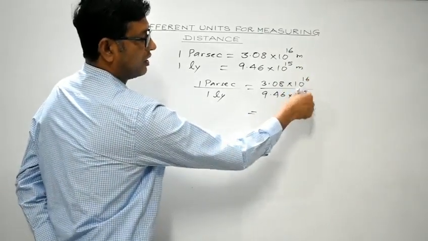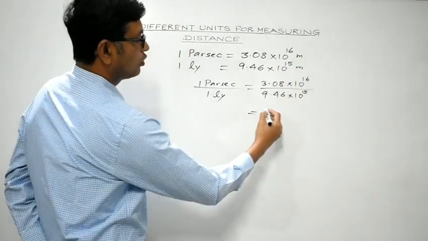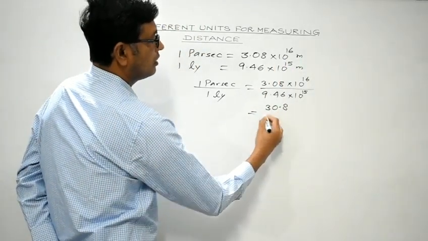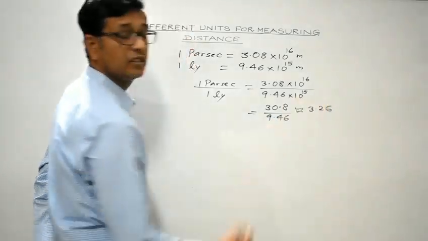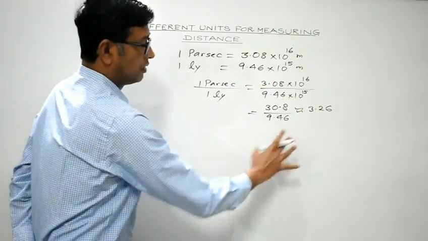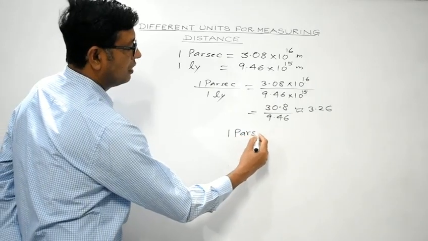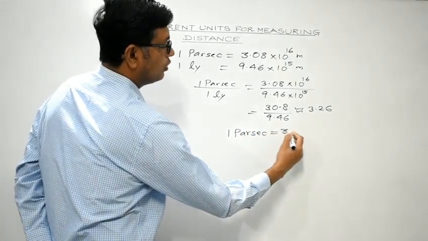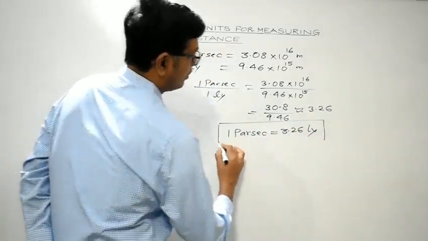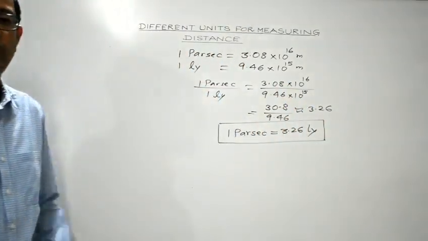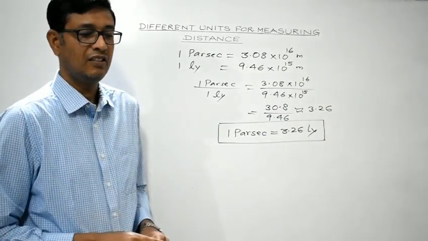So 10 raised to power 16, when it goes towards the numerator, it will become 10 raised to minus 15. So we will be left with 30.8 divided by 9.46. So that is about 3.26. So we have come across a very important result: 1 parsec, 1 parallactic second, is equal to 3.26 light years. Students, this is a very important relationship, right? 1 parsec is equal to 3.26 light years.